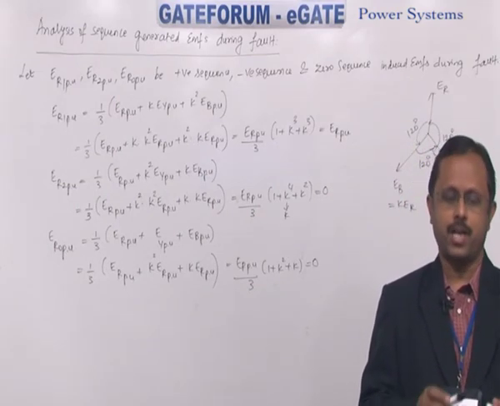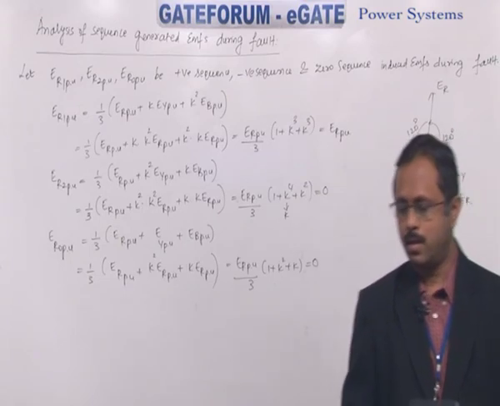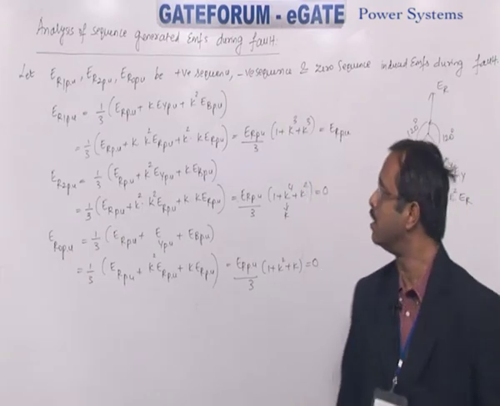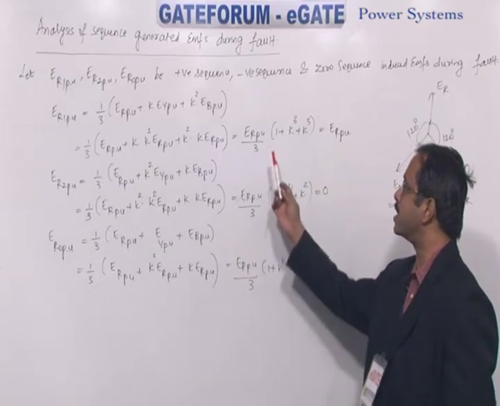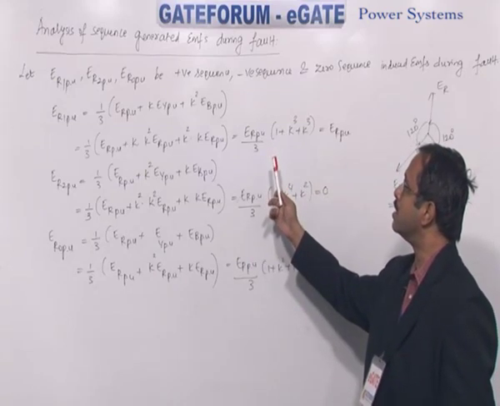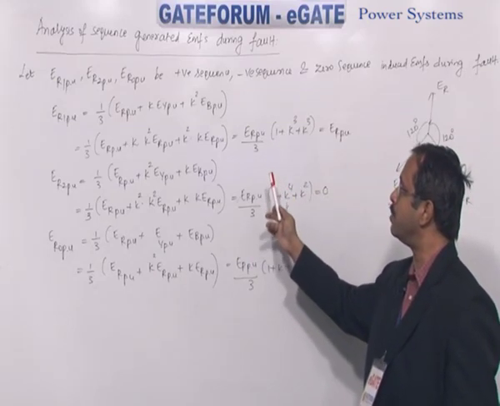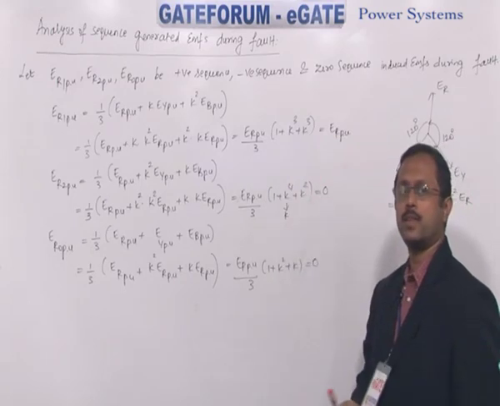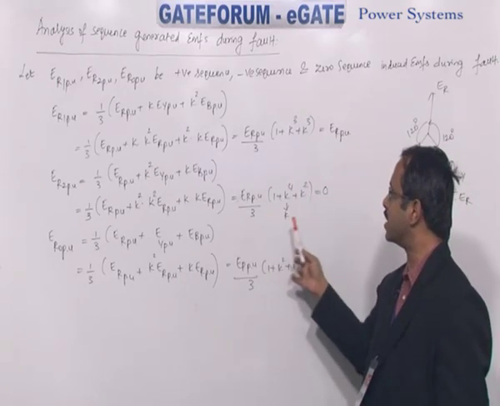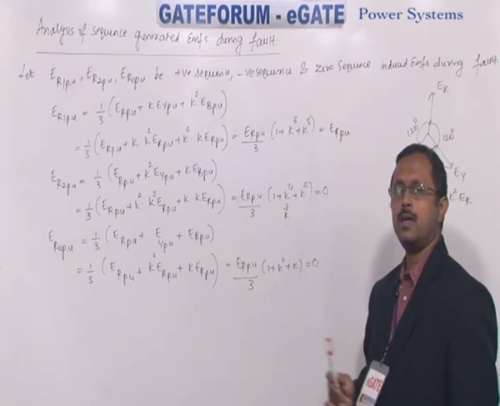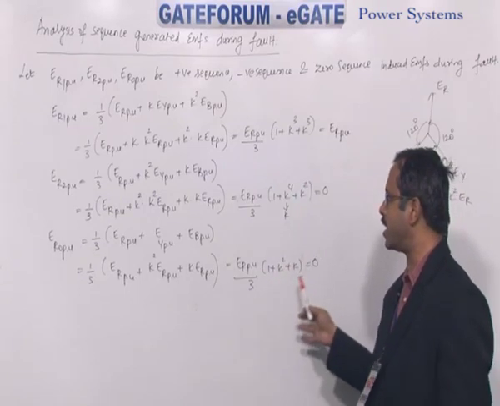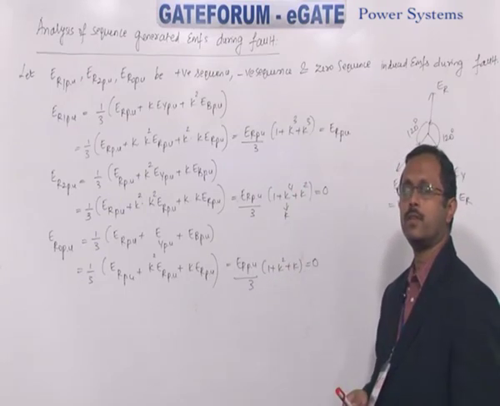Now check these 3 values here. Only positive sequence generated EMF is not 0. Negative sequence generated EMF is 0. Zero sequence generated EMF is 0.